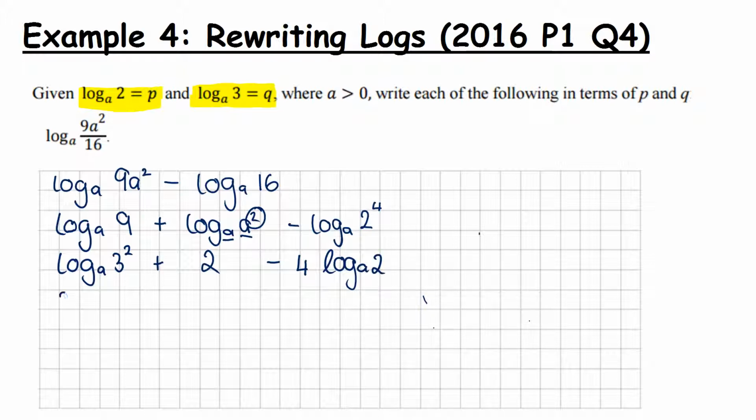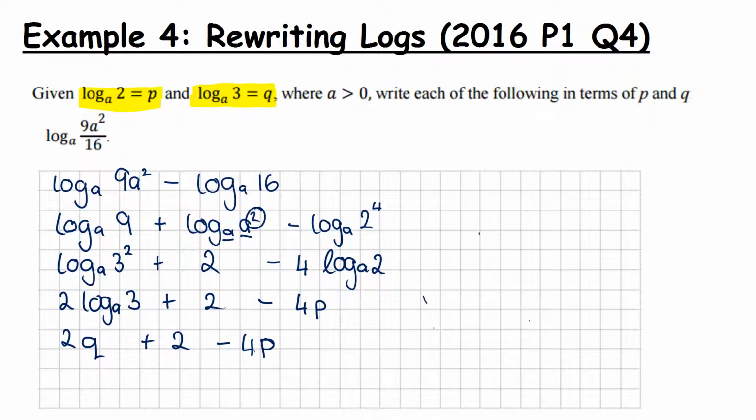Now we can do this with the log to base a of 3 as well, because it was squared. You can bring that down in front, 2, minus 4. Now instead of log to base a of 2, I can replace that with p as given in the question, so we're nearly there, and I can replace log to base a of 3 with q. So this all simplifies down to 2q plus 2 minus 4p.